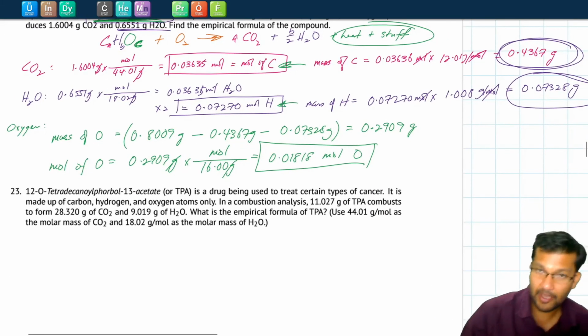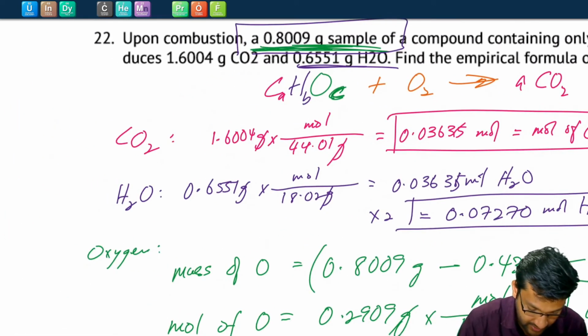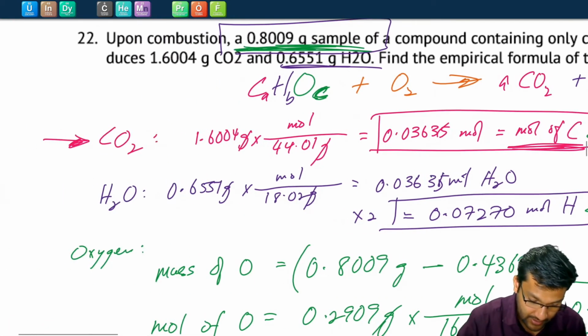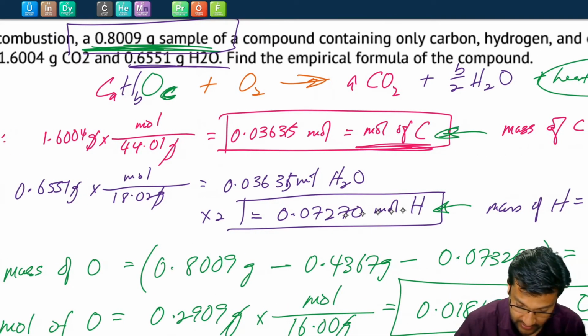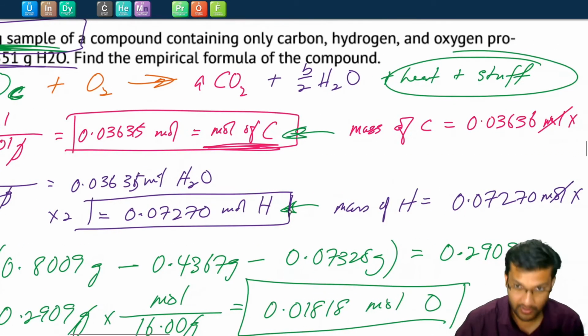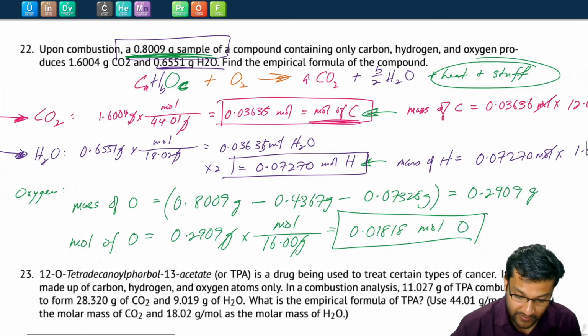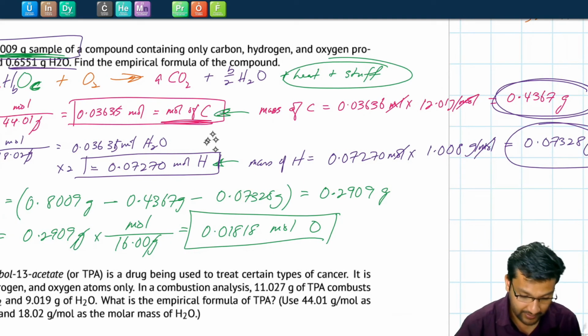All right, so that last step, I'll go over it again. The first two parts were simple. We found the number of moles of carbon dioxide, which is the same as the number of moles of carbon, which we'll use later. The second step, again, found the number of moles of water, which we just needed to multiply by 2 to get the number of moles of hydrogen. All that's good so far. For the third element, and in this case the third element's oxygen, but it doesn't matter, it could be chlorine or nitrogen or anything else, we first needed to figure out what the mass of carbon is, what the mass of hydrogen is, using the moles that we already calculated.